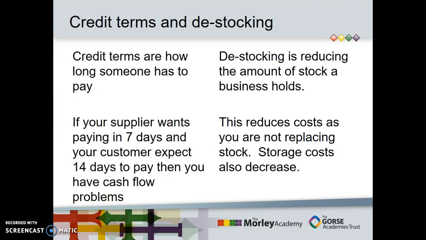Suppliers want businesses to use them, and therefore their customers, other businesses, they will often give them normally 28 days to be able to pay for the stock that they've been given. Now, in order for a business to keep its own customers, it will often offer them payment terms, some credit terms as well.